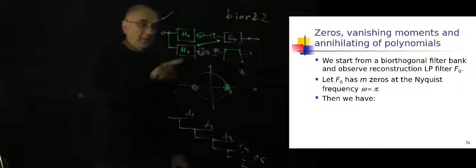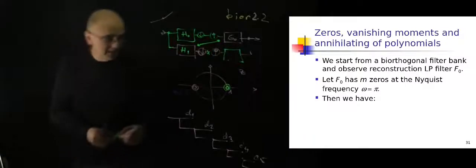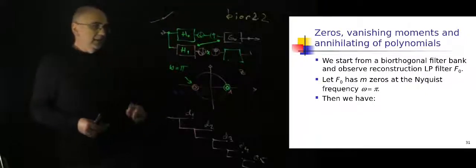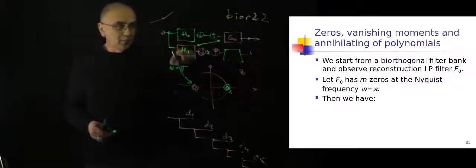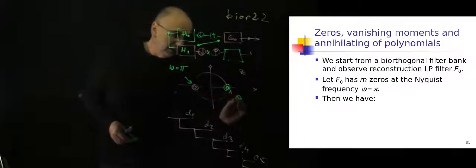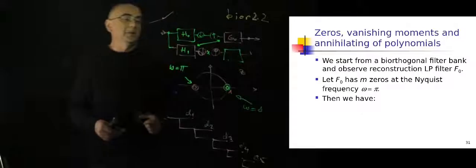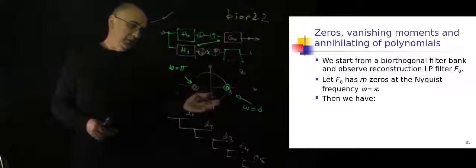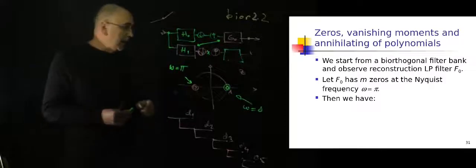So if this filter has zeros right here on the Nyquist frequency, which means that the frequency right here is equal to pi, in that case the associated H1 filter has zeros at the DC frequency. It has two zeros right here. Okay, one zero kills DC. What happens with two zeros? Probably they kill the lines. Let's see why it happens.